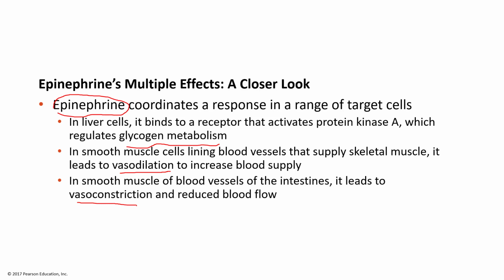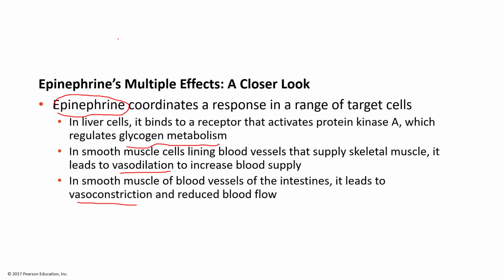So you're going to increase blood flow to like skeletal muscle, which allows you to run and fight. It's going to reduce blood flow to muscle in the digestive system because wasting energy on digestion while you're running from a bear is not important. Meanwhile, it's also releasing sugar into the blood to give you energy to fight or flight.